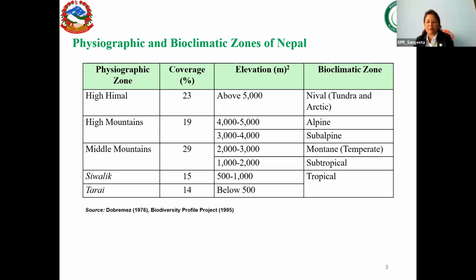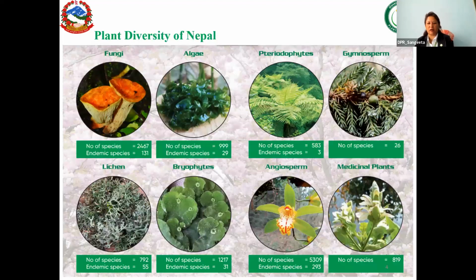The temperate zone is the most exciting zone for vegetation in Nepal, because we find many important species in this region. The lower belt is divided into Sivalik, 500 to 1,000, and Tarai, below 500. So this is the diversity of Nepal as a whole.